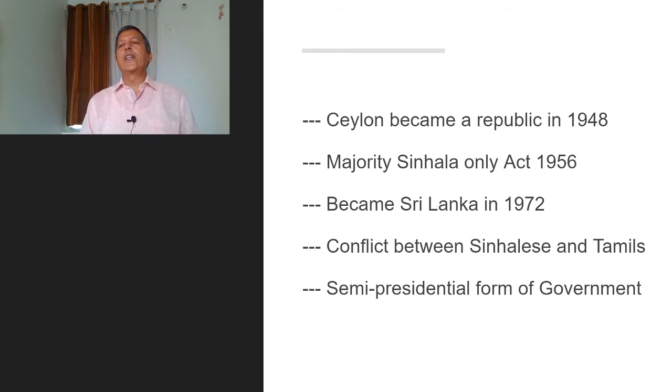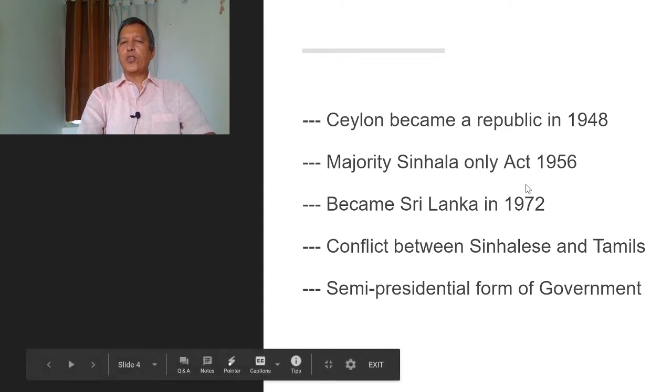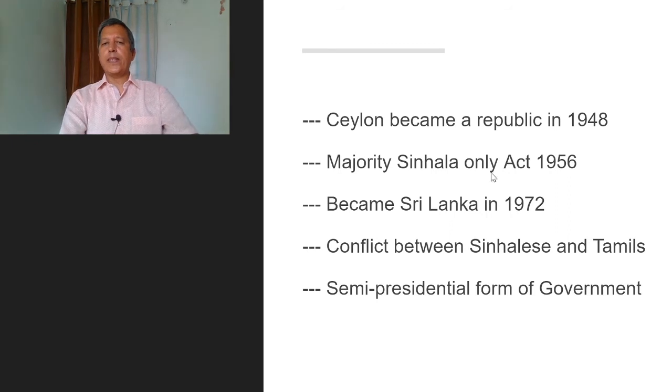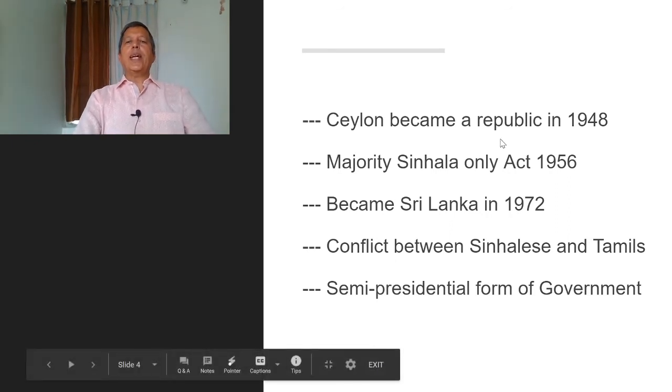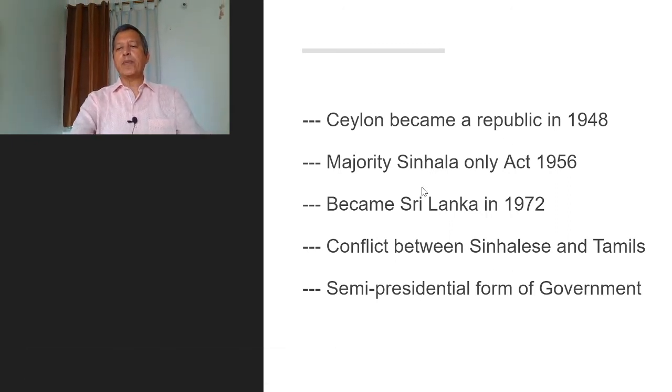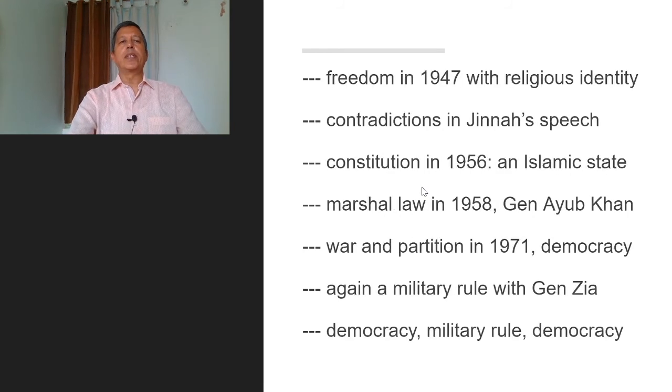And finally, the movement was crushed, and in fact, it was a movement that had taken the shape of terrorism also by the LTTE, as it was called. But anyways, this is the story of Sri Lanka. It has the semi-presidential form of government.